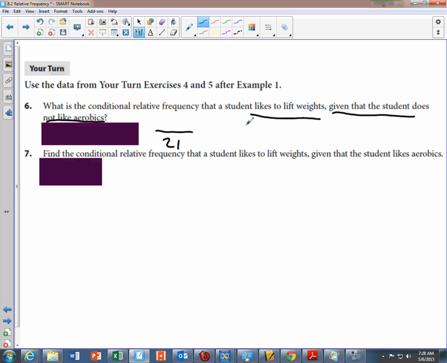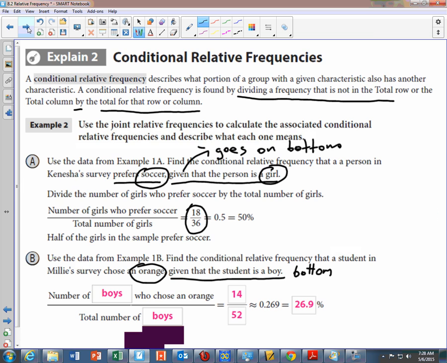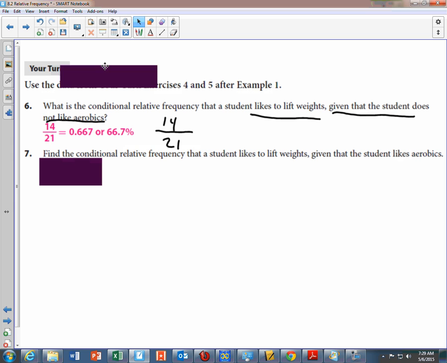But out of those 21, how many like to lift weights? Well, out of those 21, 14 of them like to lift weights. Like weightlifting, yes, 14. So we got 14 out of 21. And when I divide 14 by 21, I get 0.667. Move that decimal 2 spots to get 66.7. This whole thing should be in your answer, okay?